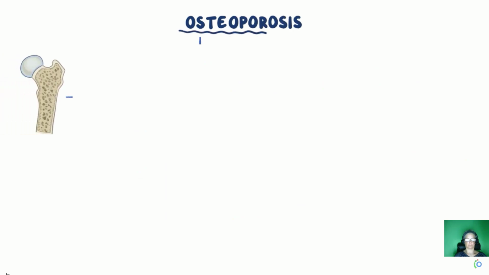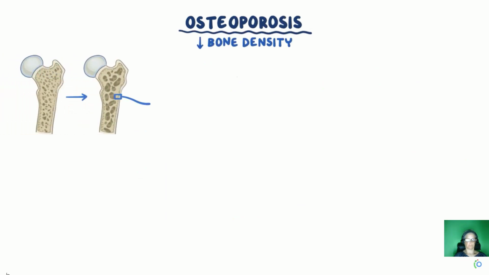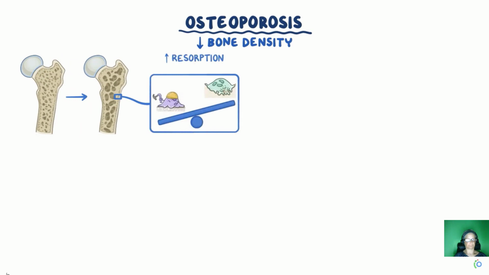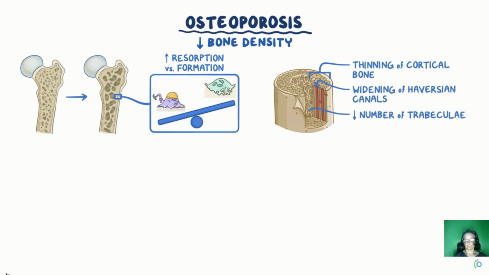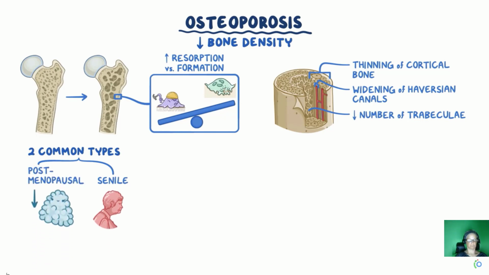Alright, as a quick recap, osteoporosis refers to decreased bone density on account of increased bone resorption compared to bone formation. In osteoporosis, there is thinning of the cortical bone, widening of the Haversian canals, and a decrease in the number of trabeculi in the spongy bone. There are two common types of osteoporosis. These are senile osteoporosis and postmenopausal osteoporosis.